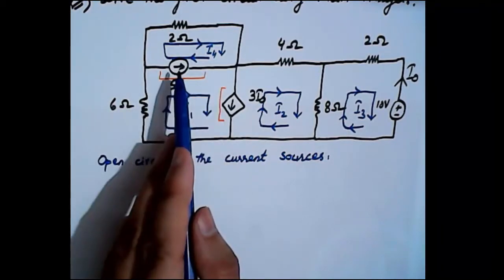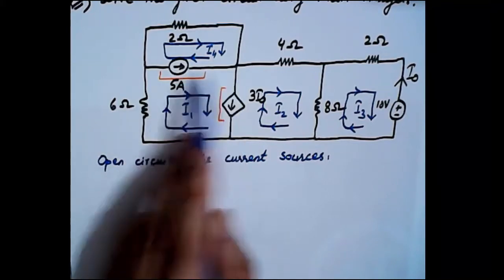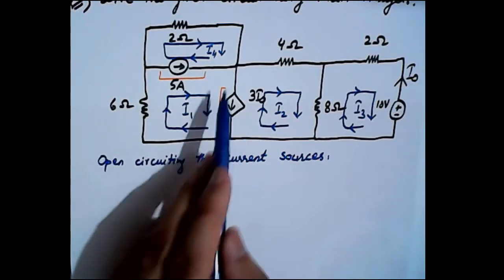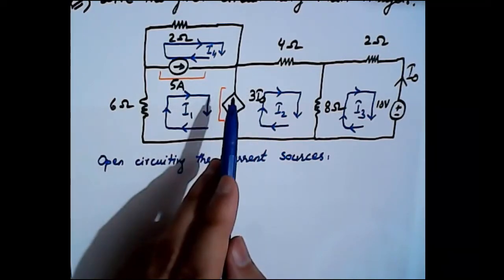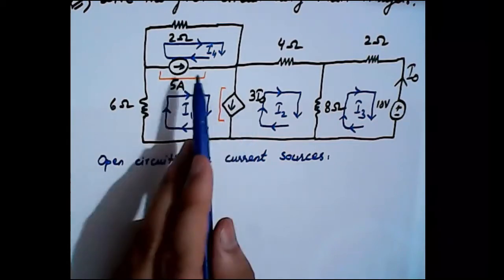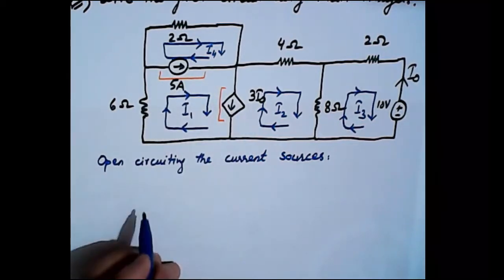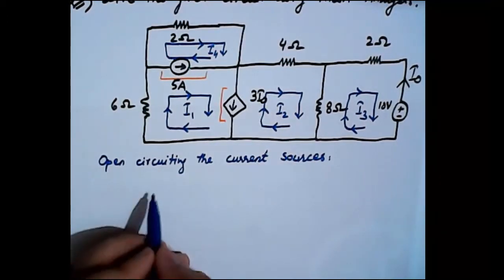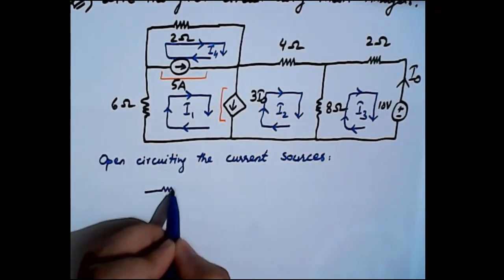Because once the current source is open circuited, there will be no current through this path, and the same will be the case for this path also. So both these paths will be open circuited, right? So if we redraw the circuit, it will look a bit like this, right?